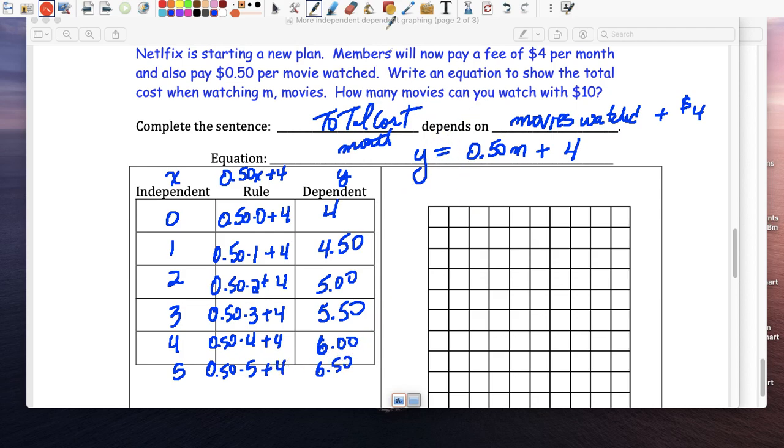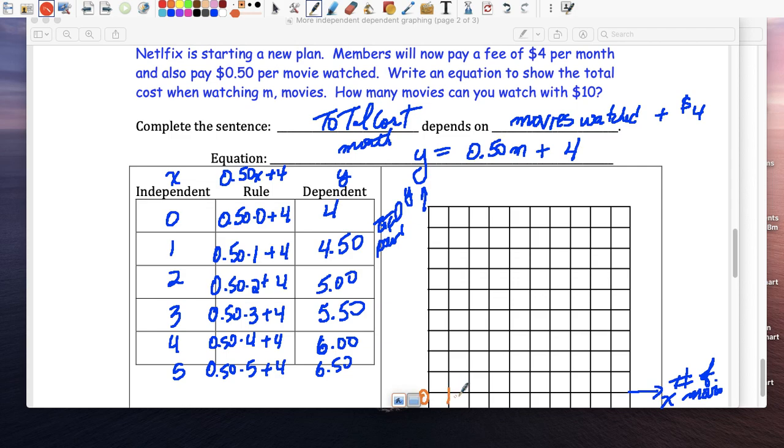Well, let's graph this. Okay, this is number of movies, my x-axis. This is my y-axis, this is the total that you pay, total paid. I'll change colors. So let's 0.